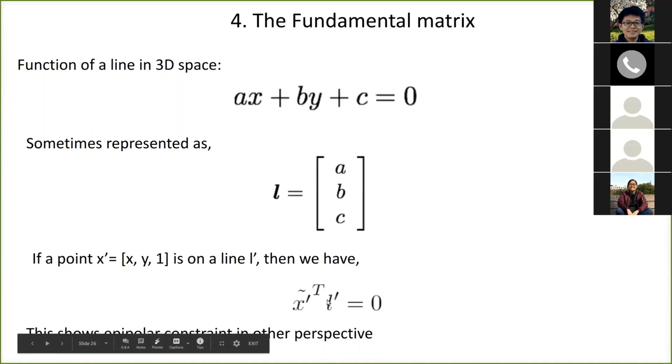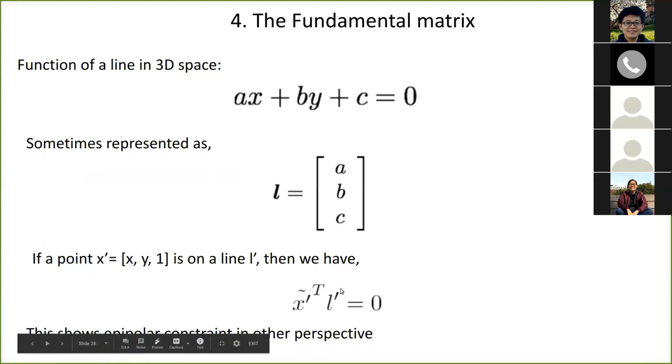which is true because we can find the correspondence in the epipolar line in another view, right? A line is denoted by AX plus BY plus C equals 0, and the parameters of L are A, B, and C. If some point X, Y, 1 is on this line A, B, C, we have this relationship.